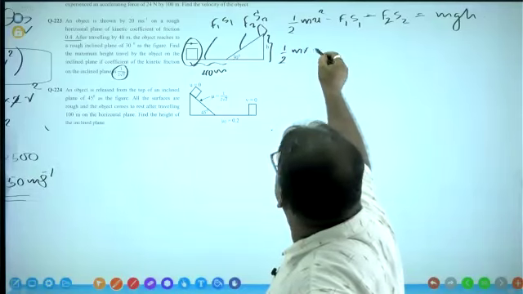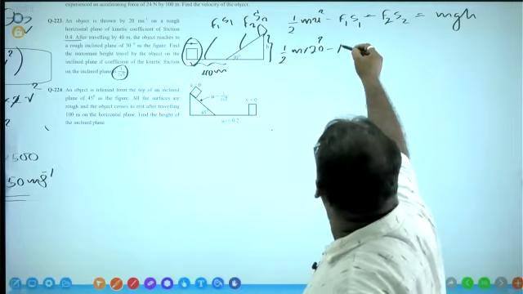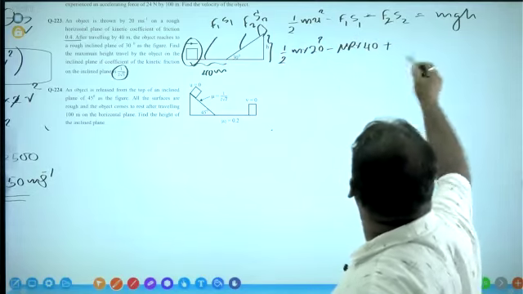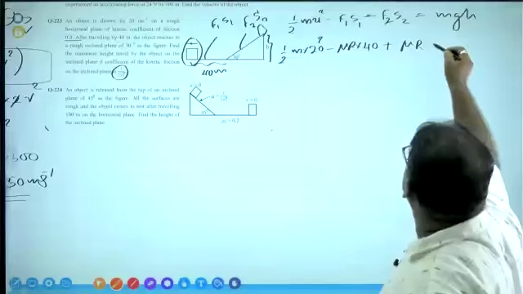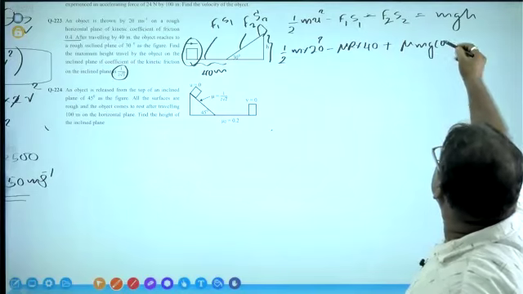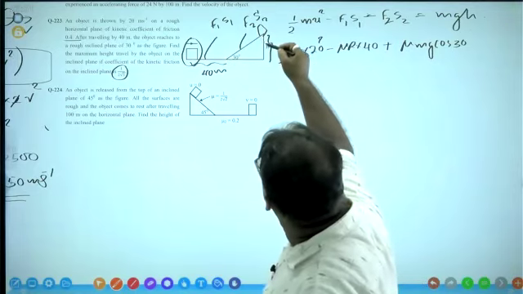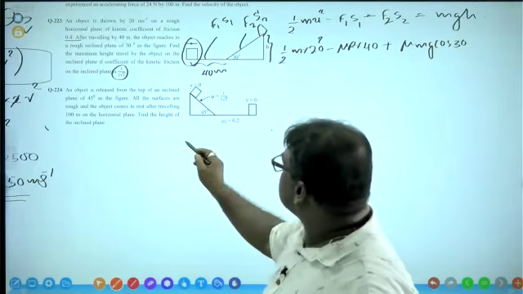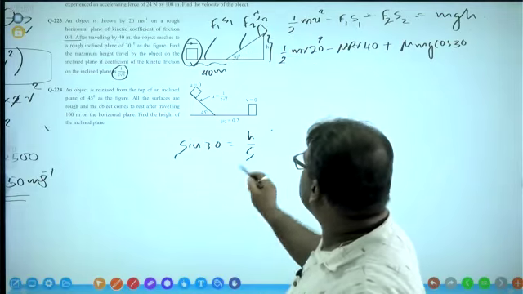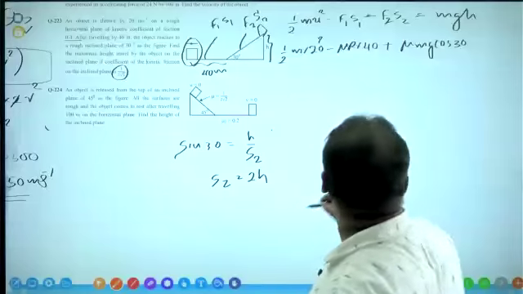Half m velocity 20 squared minus F1, friction mu R, S 40 meters, plus F2, mu R is mg cos theta, cos 30. Displacement is here to here, 2h, no? This is h, sin 30 equals opposite over hypotenuse, so S2: sin 30 is half, so it's 2h, right?